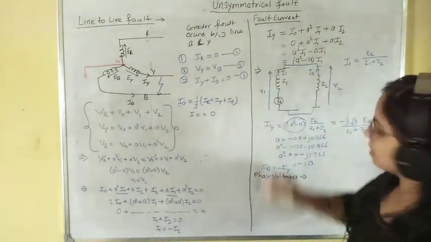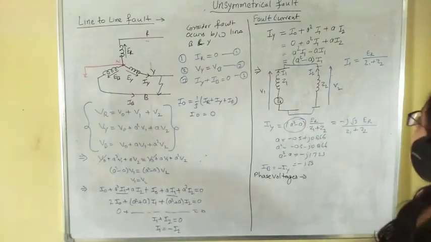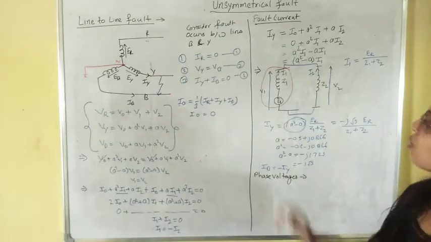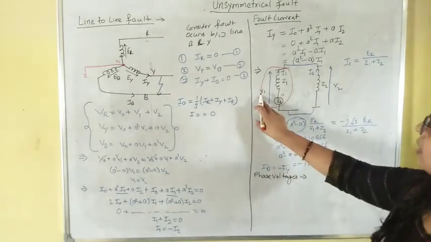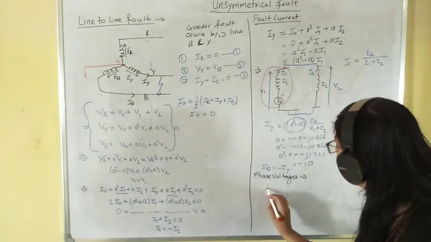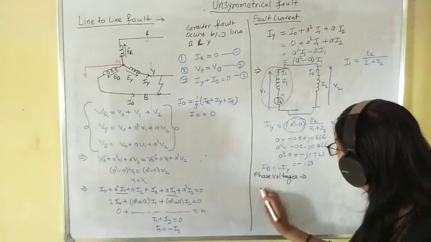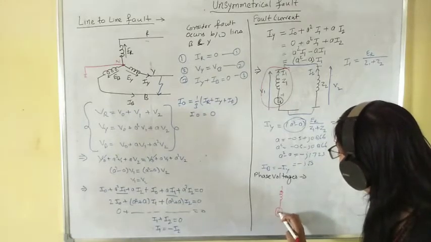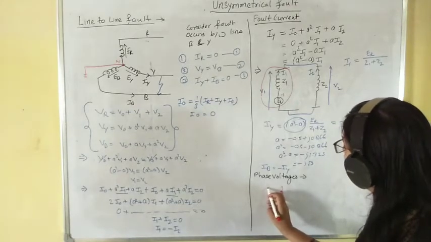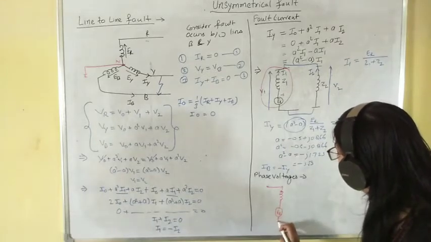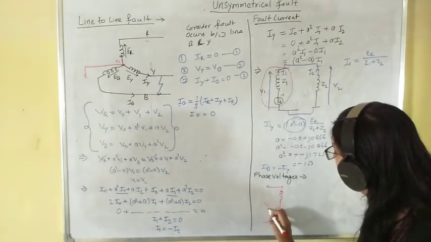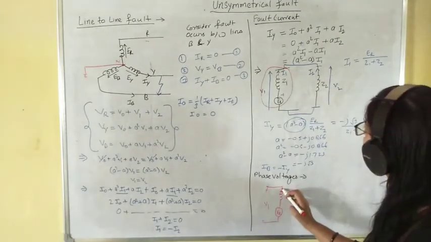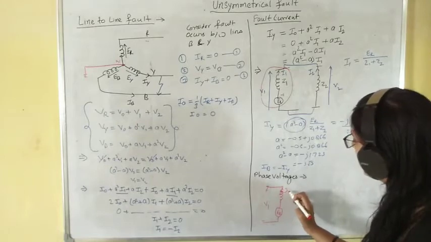So if we consider this circuit only, what is it showing? If we make a small network like this, impedance Z1 with ER, and this is the terminal voltage V1, with current I1 like this.